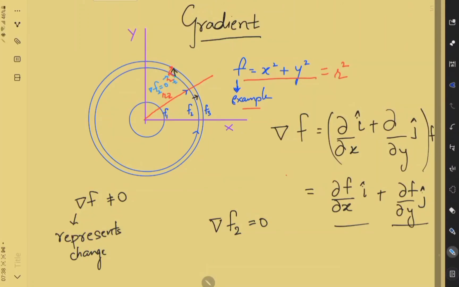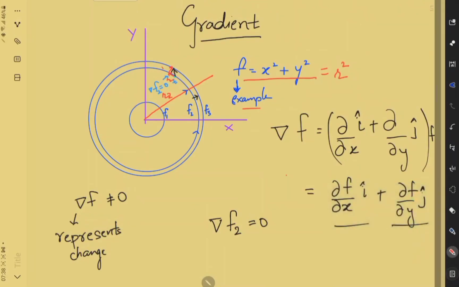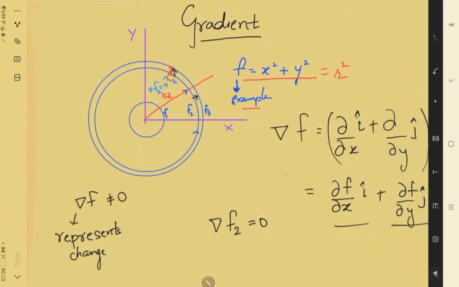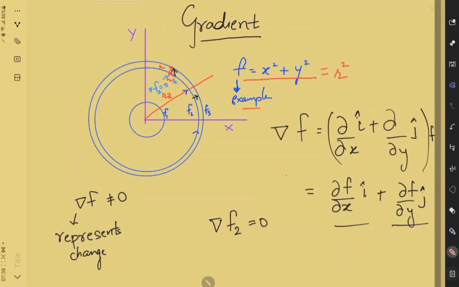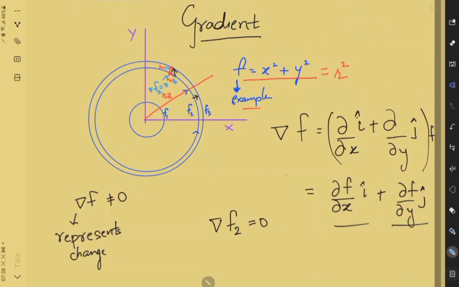But for the radial component, our del f is not equal to 0, as we have already seen.